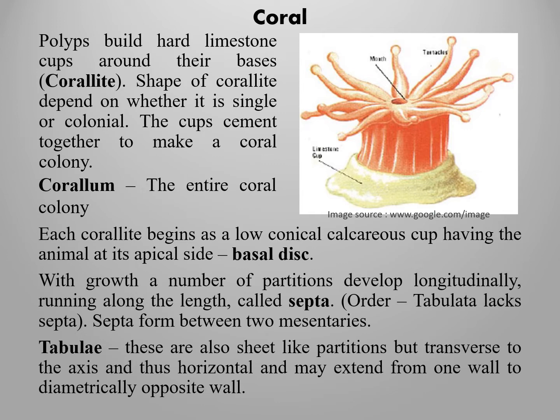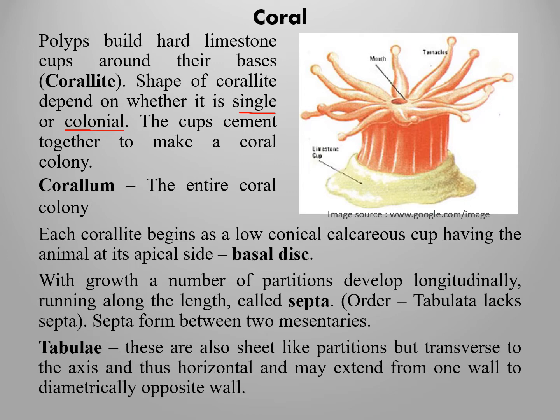This coralite has different shape and size, and they may be single and they may be colonial also. So colonial means individual coralites are joined together and form a colony. In most of the cases, we find that corals are colonial organisms. Many coral individuals live together and make a coral colony.